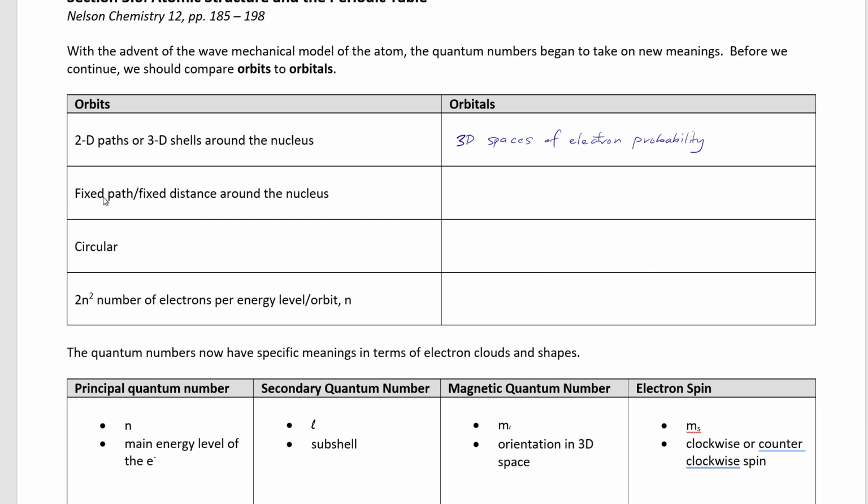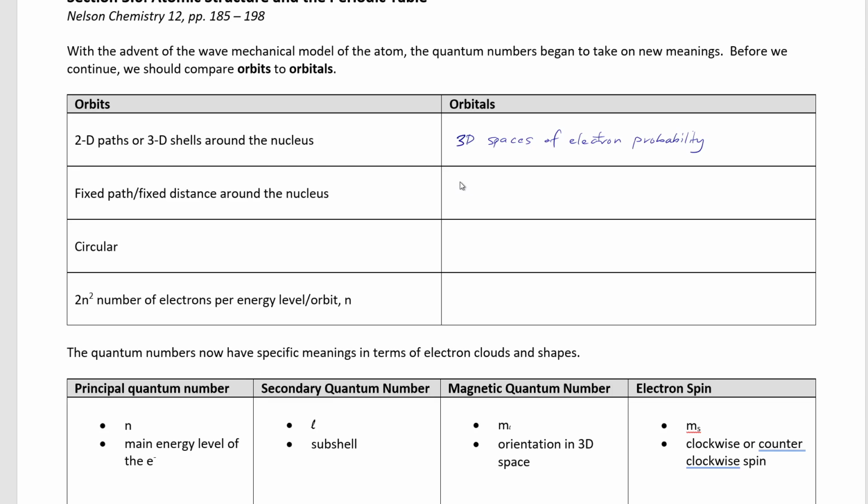Bohr also thought that electrons traveled as particles along a fixed path or fixed distance around the nucleus. However, we now know that it is impossible to know both the location and momentum of an electron. So we do not talk about fixed paths anymore.